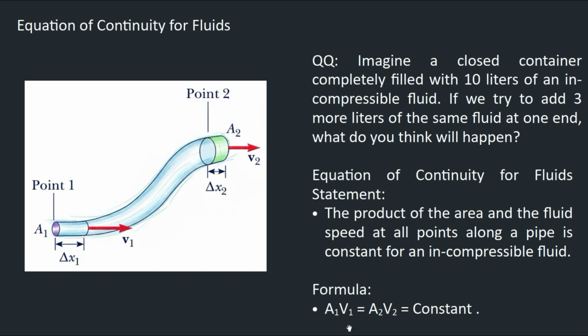If you do a bit of math, A1 V1, where A1 is the cross section at one end and A2 is the cross section at the other end, it need not be ends, anywhere in between. You can imagine a very long pipe and we just take two cross sections at two different places. V1 is the rate at which the liquid is flowing in at A1, and V2 is the rate at which the liquid is flowing out at A2. And this product A V is constant. So that's the entire idea.